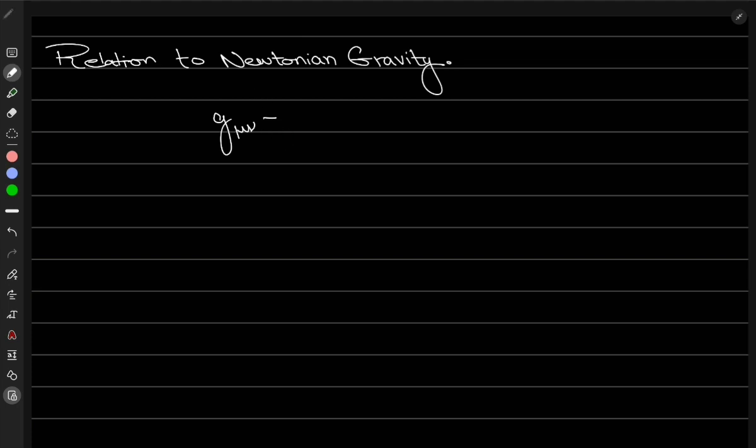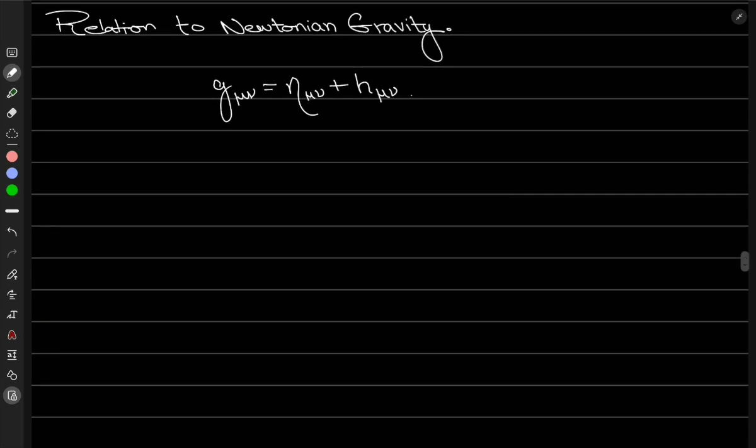So the metric tensor becomes the flat metric eta mu nu, the Minkowski metric, plus some perturbation, let's call it h mu nu. This is how the metric tensor is approximated in the weak field limit. Since the perturbation is very small, the modulus of h mu nu should be much, much smaller than 1.